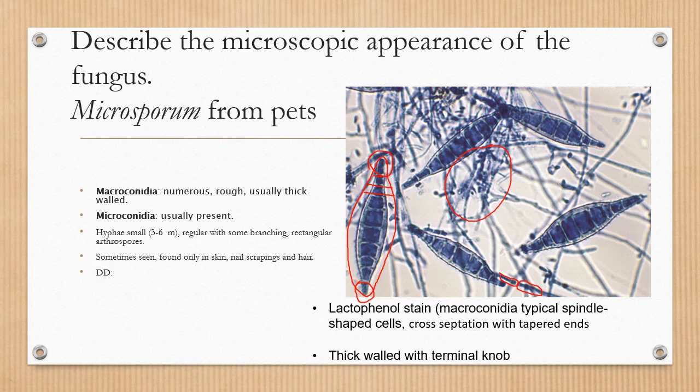You have to bear in mind that there is a differential diagnosis, which means that if you are suspecting this type of fungal growth or mold, there are also other similar fungi causing a similar type of infection. We divide them into three: the Microsporum group, the Trichophyton species, and the Epidermophyton species.